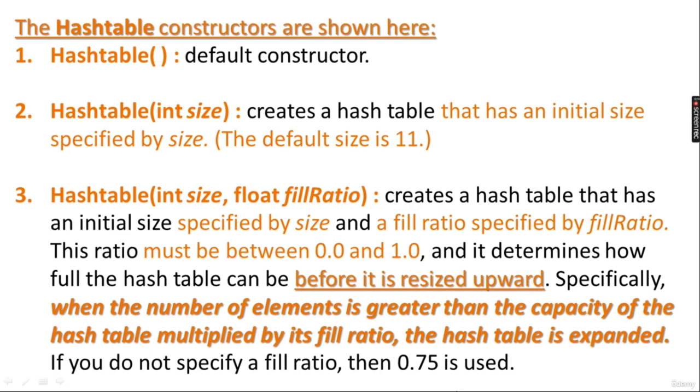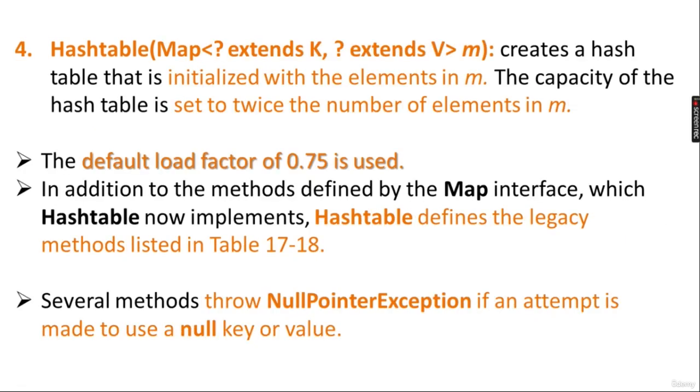This type of constructor we have already explained, the same way as over here, and the default fill ratio is 0.75. Hashtable(Map<? extends K, ? extends V> m) creates a hash table that is initialized with the elements in the map object. Capacity of the hash table is set to twice, that is double, the number of elements in the map. The default load factor is 0.75.